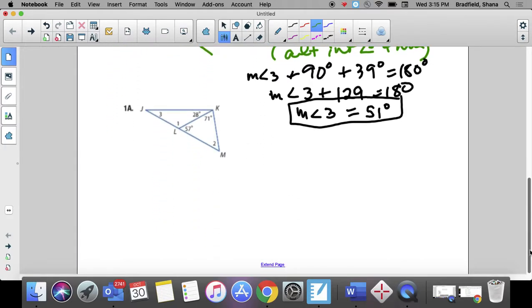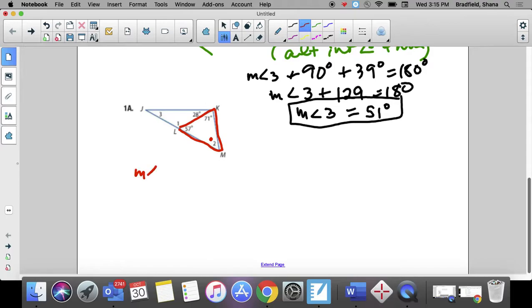Okay, then on number 1A, we want to do the same thing. We're going to find some missing angles. I'm actually going to start with angle 2 here because I can see that it is part of triangle KLM, in which we know two of the other angles.